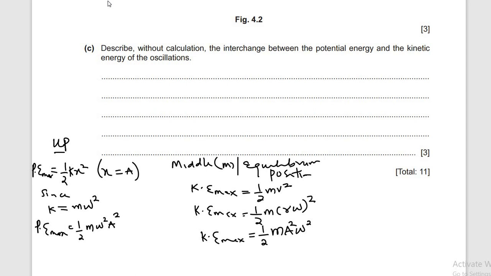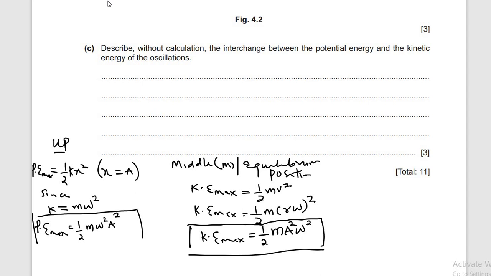So at the middle, kinetic energy is half m a squared omega squared. When you move up or down, potential energy is half m omega squared a squared. So at every point of oscillating, the total energy is constant. That's the key.